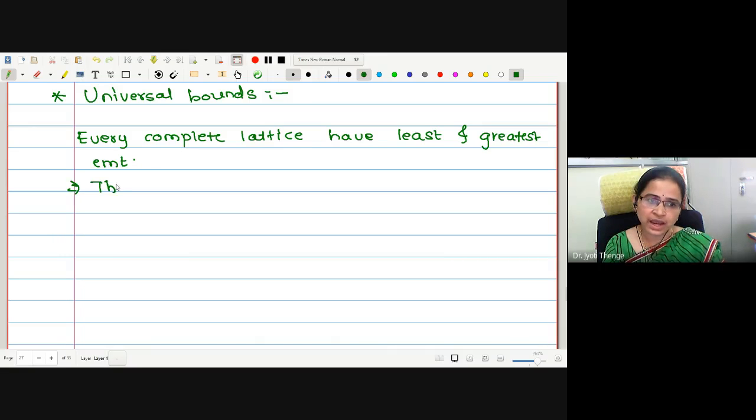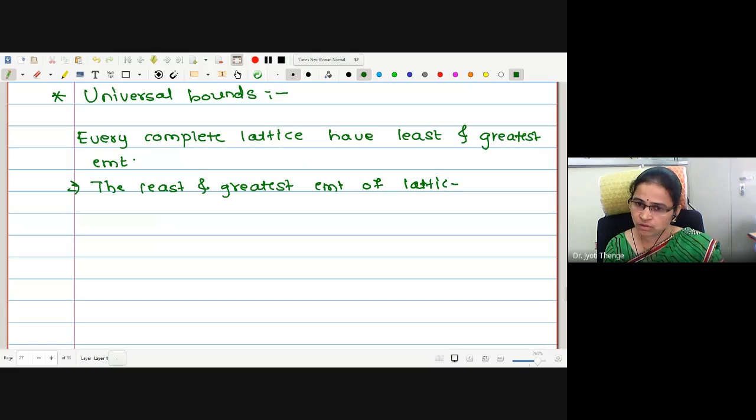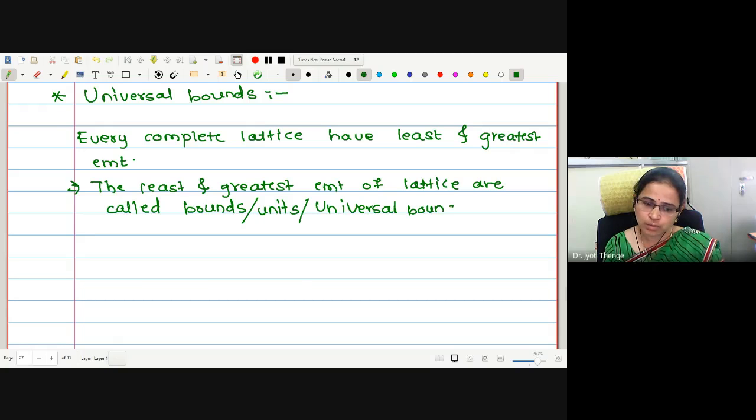Therefore, every complete lattice has a least and greatest element. The least and greatest elements of a lattice are called bounds or units or universal bounds of a lattice, denoted by 0 and 1 respectively.